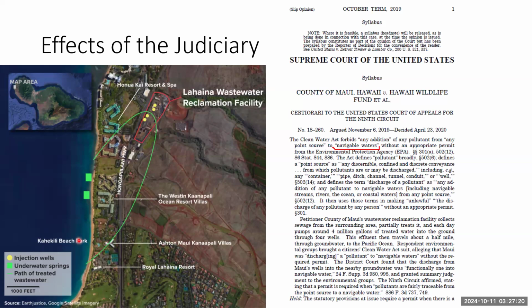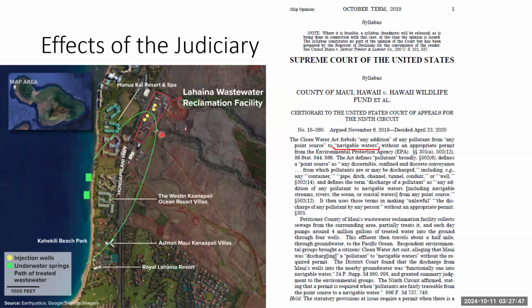And they were claiming through the Hawaii Wildlife Fund that the coral reefs here were being damaged by leakage from the wastewater treatment plant, that there were toxins coming from this plant, and they were traveling through groundwater to get to and ultimately come out into the ocean.